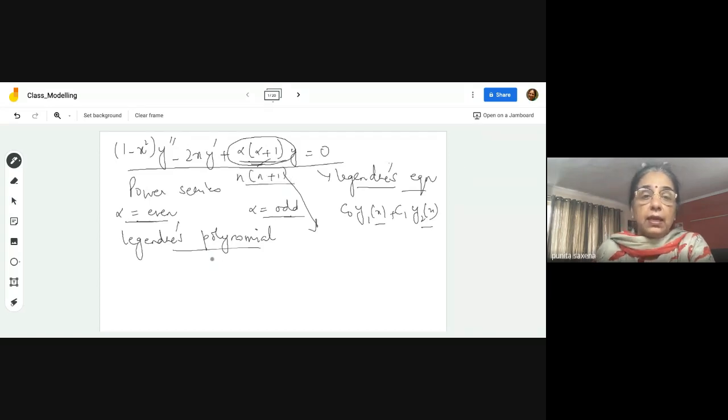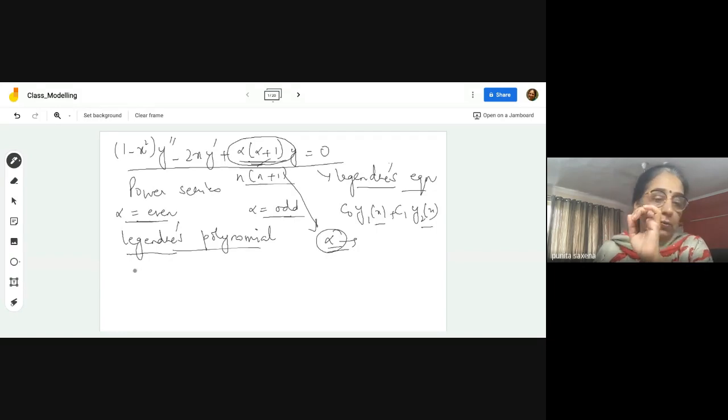And that is why when we had seen the solution, the polynomial, things were in terms of alpha. That's why, giving different values to alpha, we could get whether it's going to be an even degree polynomial or an odd degree polynomial. Now, as mentioned in the book, what was done later on was to give a general expression for Legendre's polynomial.